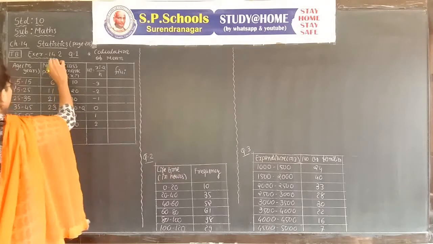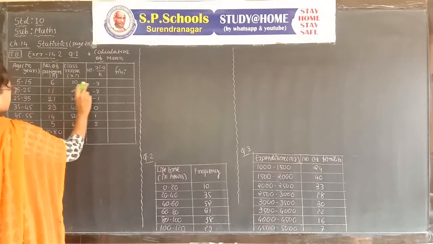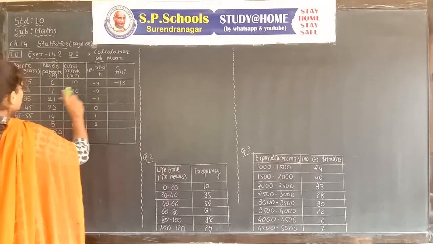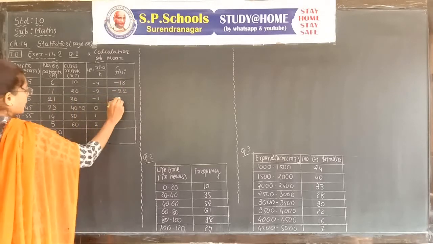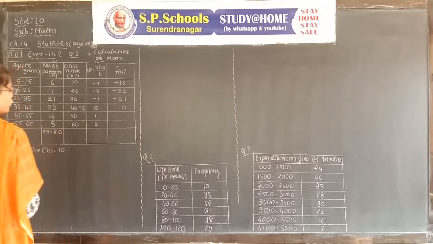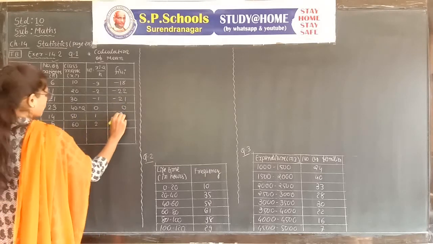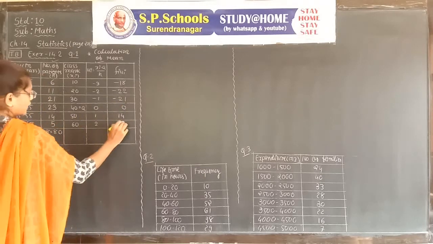You can write it easily, but keep in mind the class size h is always the same. Now we multiply Fi with Ui. 6 3s are -18. 11 2s are -22. 21 1s are -21. In front of 0 is 0. 14 1s are 14. 5 2s are 10.